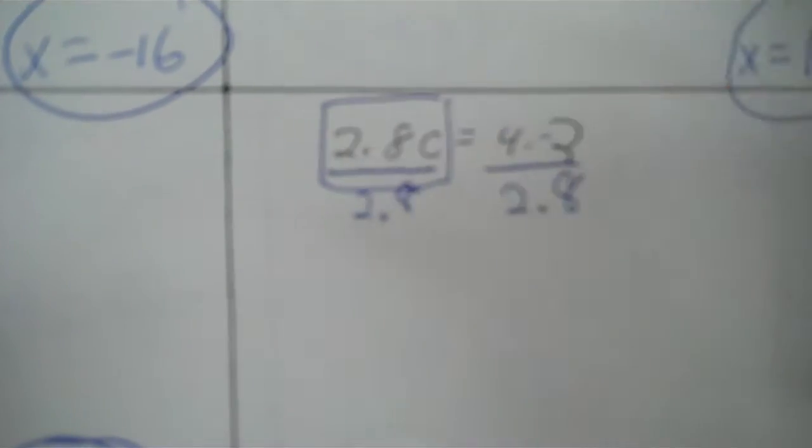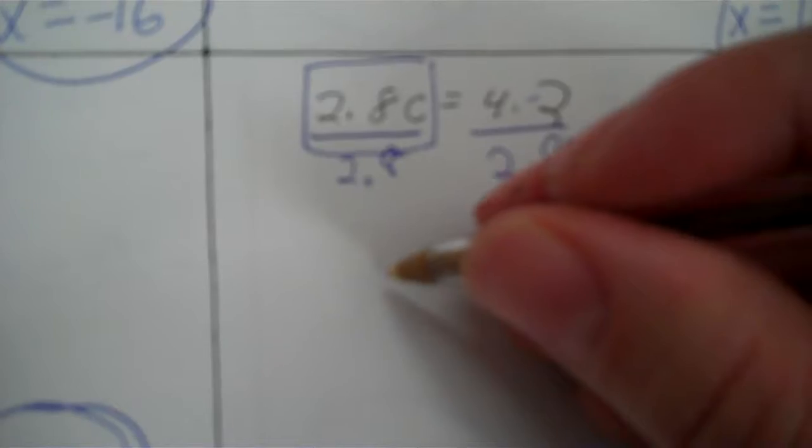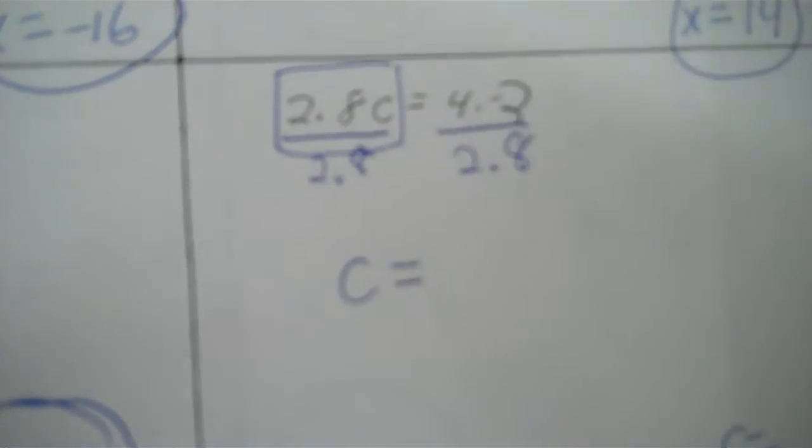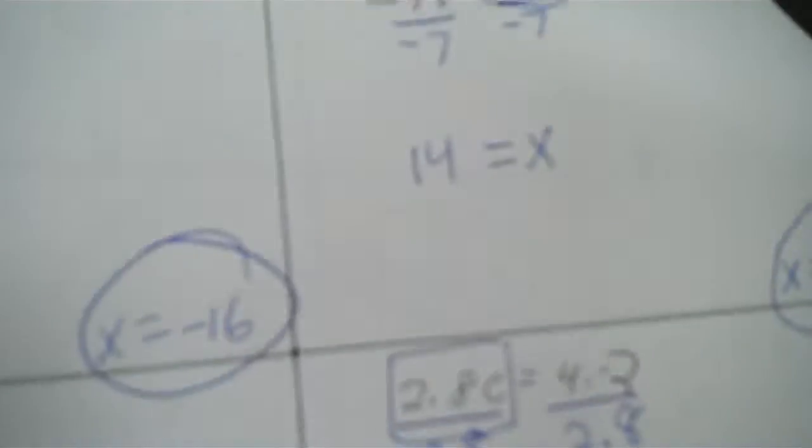So 2.8 divided by 2.8 is 1, and that's going to be c. Then I take 4.2 divided by 2.8, and that is 1.5. c is 1.5.